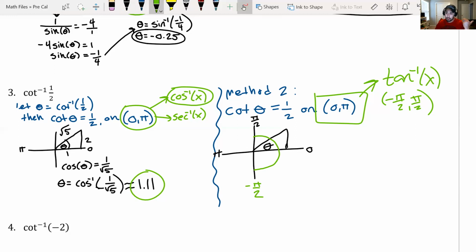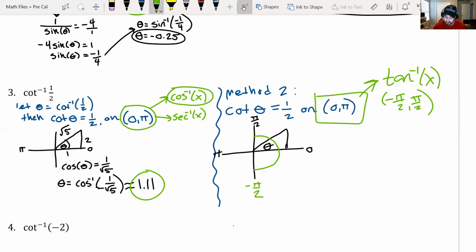Well, if cotangent of 1/2 is positive, this means that it's in quadrant 1. And if we want it to share the same restrictions as the inverse tangent, then if it's positive, for tangent it also has to be in quadrant 1.